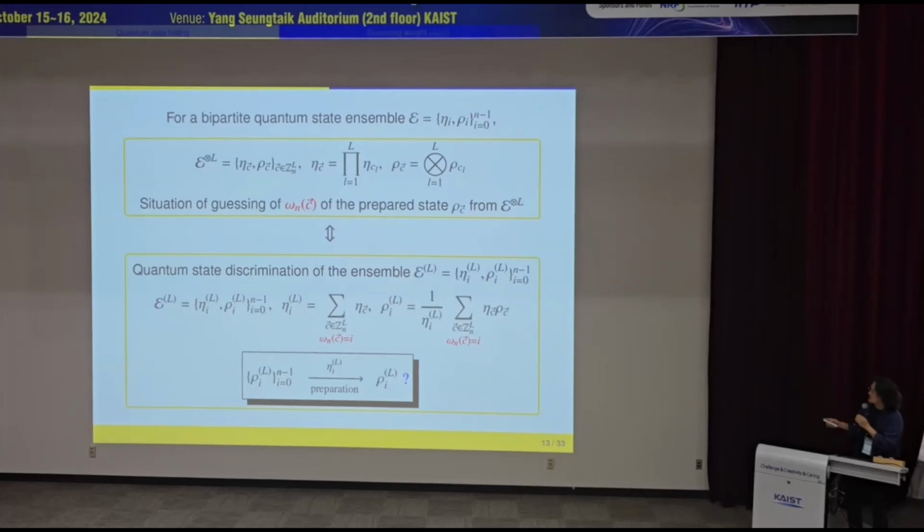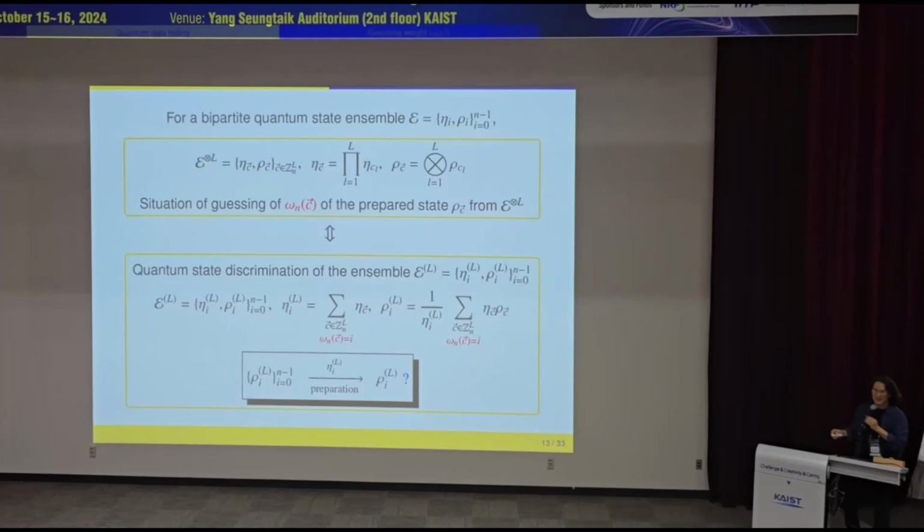Equivalently, we can also think of this situation like this. For this L-fold ensemble, we just think about the states whose index vectors all have the same weight.